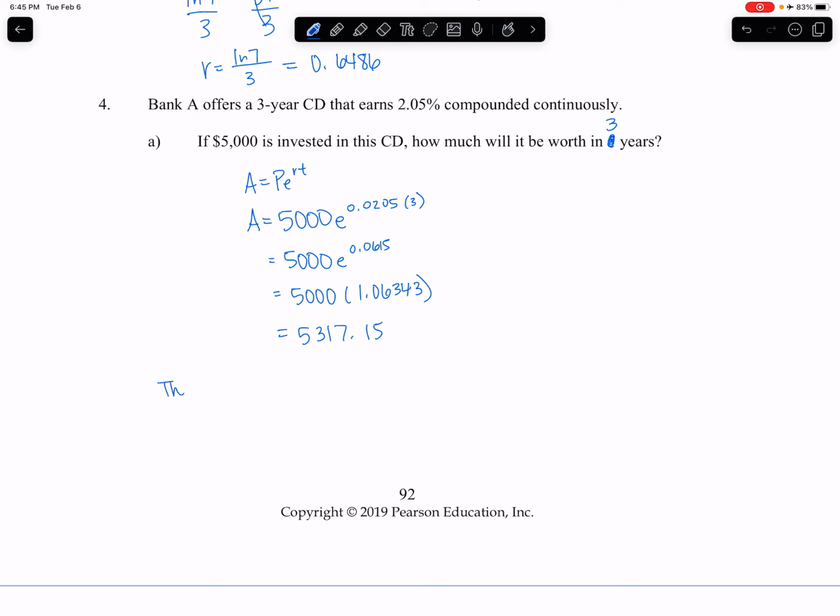So we can write that the account will be worth $5,317.15 in 3 years.